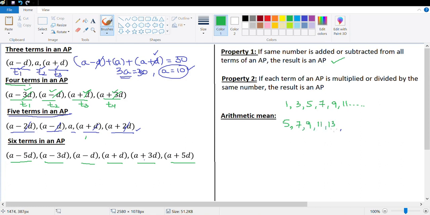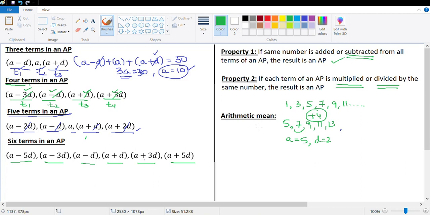If I am adding 4 to it, it's still an AP. In this case, a is equal to 5, d still remains 2. Same thing can be done if you subtract the same number from all terms. You would get the same result when you multiply the same number to all terms or divide all terms by the same number. So this is the second property of AP.